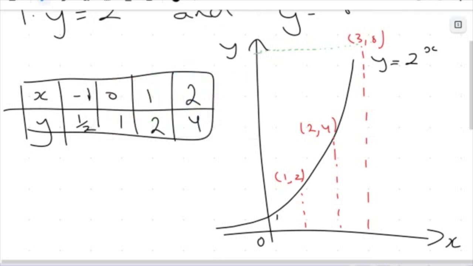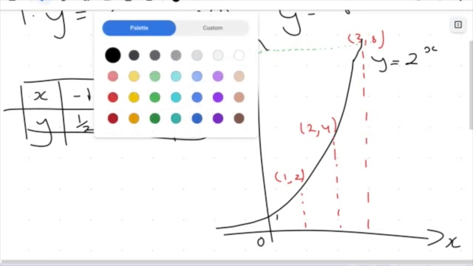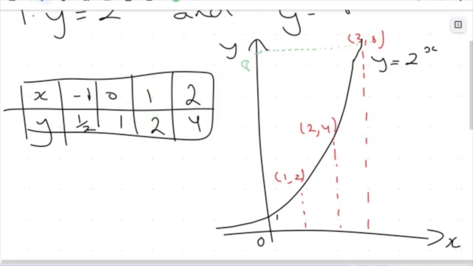Now this isn't going to be to scale, and it's going to be a little bit dodgy, as you can see I've drawn here, but I can pretty much clearly see that when y equals 8, this line has a y value of 8, and it's going to meet the other graph of y equals 2 to the power of x at the point where x equals 3, because when x equals 3, I have a y value of 8.